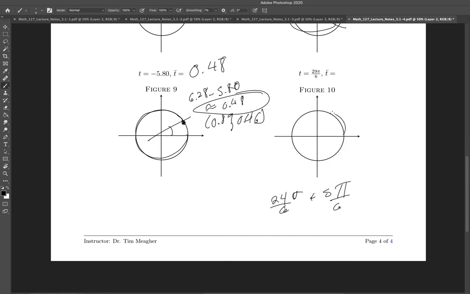And so I'm going to go around. Every 2 pi is one time around, right? 24 over 6 is the same thing as 4 pi, plus 5 over 6 pi. So I'm going to go around once, I'm going to go around twice, so that's 2 pi and 2 pi. And then I'm going to go around to 5 pi over 6. I'm going to stop right here.